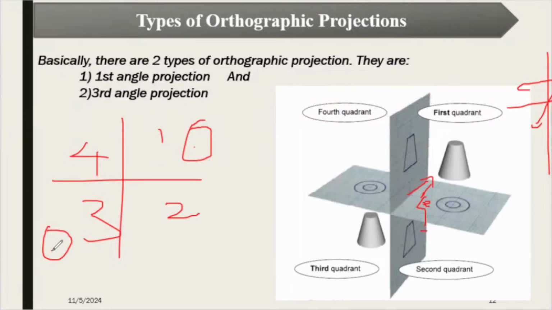And if we place our object in the third part and if we name that one, then we have the third angle projection. So you can name them. So you can draw that if you want, and if you want to note down something, you can do that.